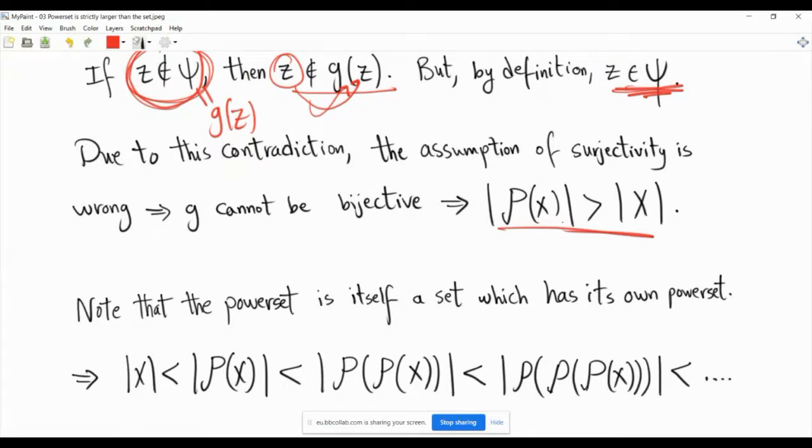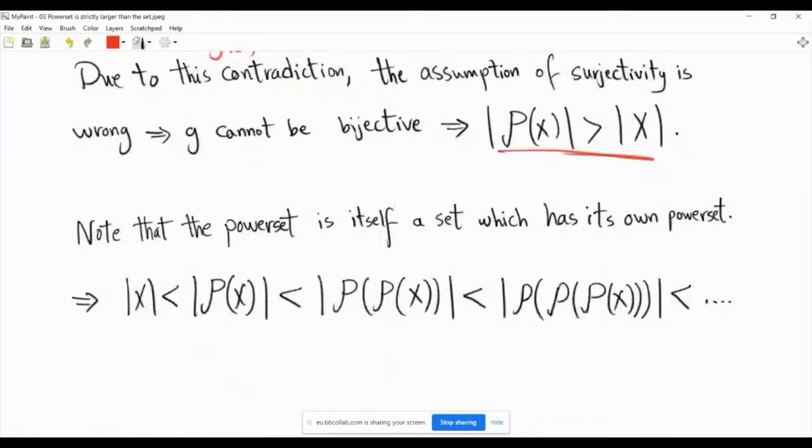But as I said earlier, by the axioms of set theory, the power set itself is a set. And so you can find the power set of the power set, and so you can find the power set of any set. You can write the power set of the power set, and the power set of the power set of the power set.